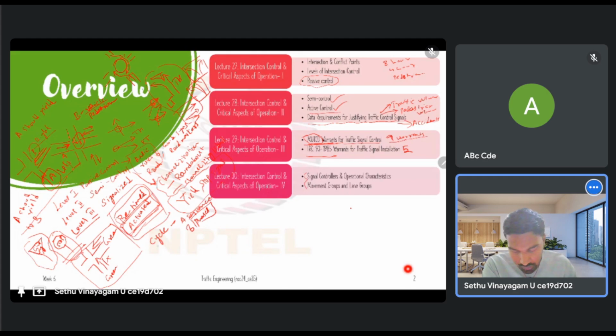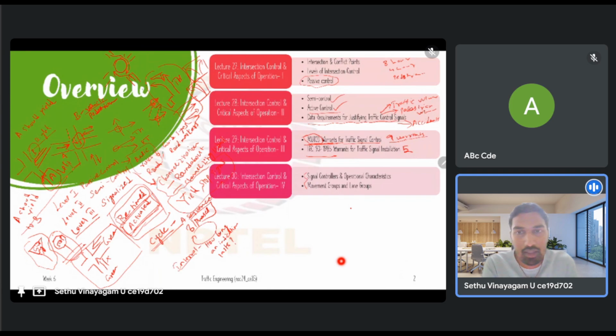What we call a cycle is basically a sequence of different phases, and when the phases come back to the starting position and repeat, we call that one cycle, right? And then we have interval. Interval is basically how long a particular signal indication lasts.